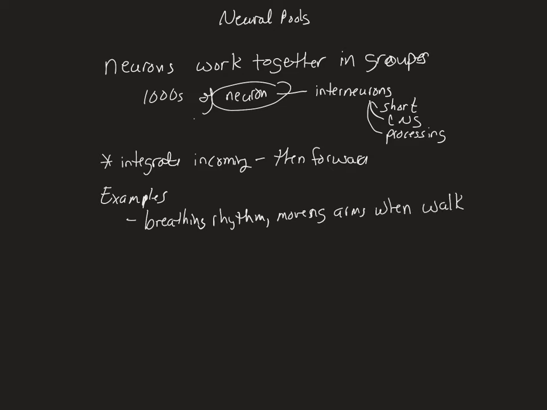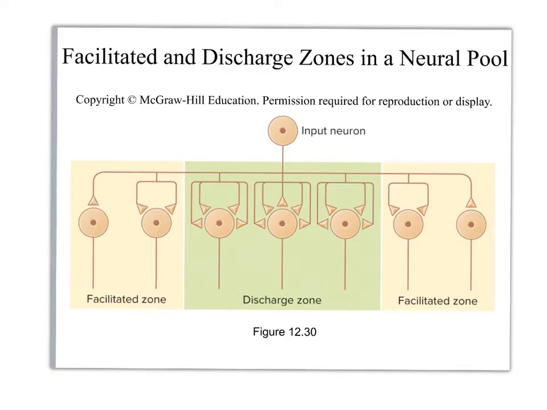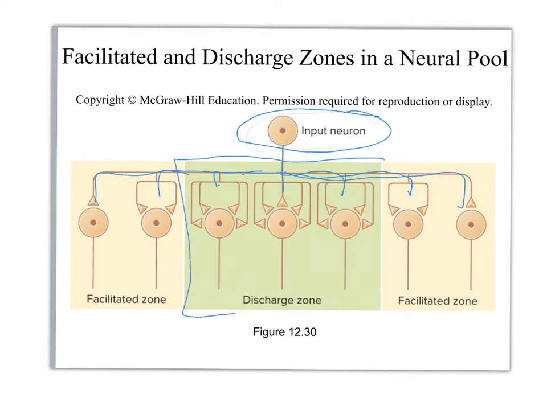All right, let's look at a picture next. In this little picture, what you've got is an input neuron. That neuron is going to come in, but notice that it doesn't go to just one other little buddy. It can communicate with a lot of different interneurons. They call the main area where the main communication is occurring the discharge zone.